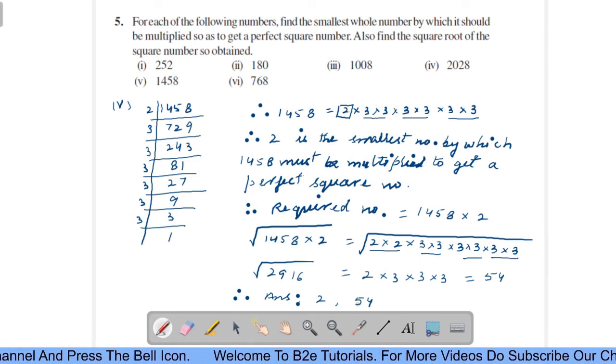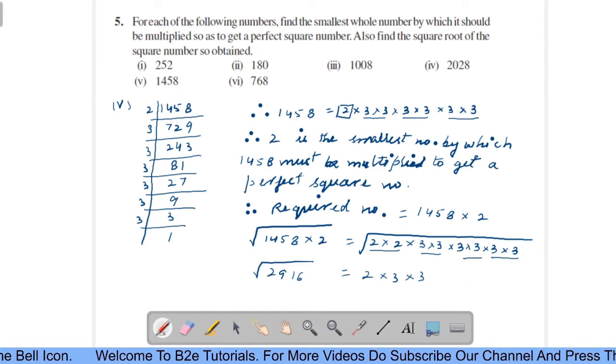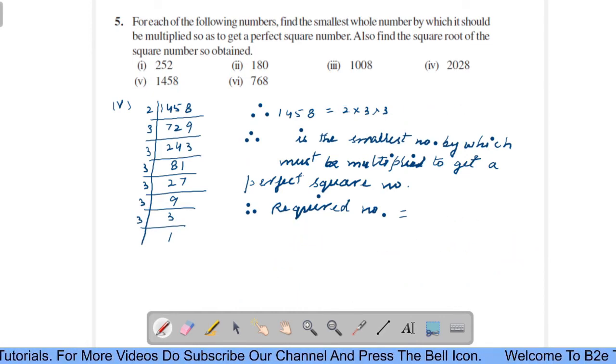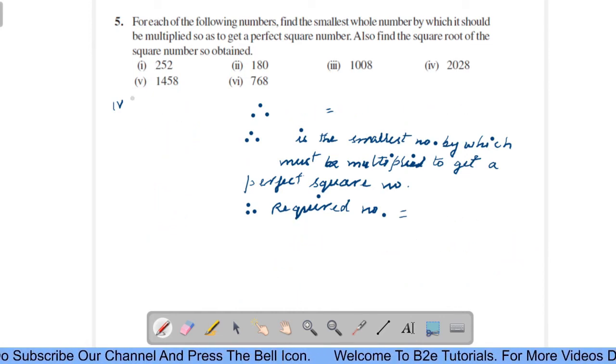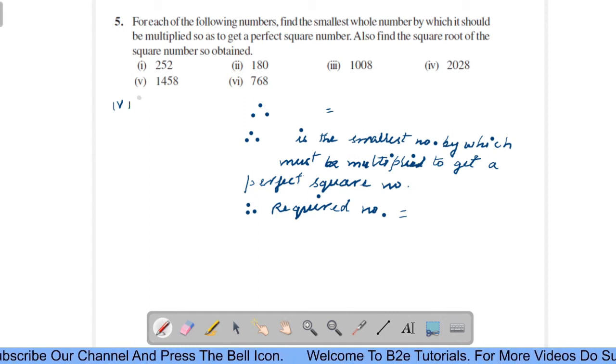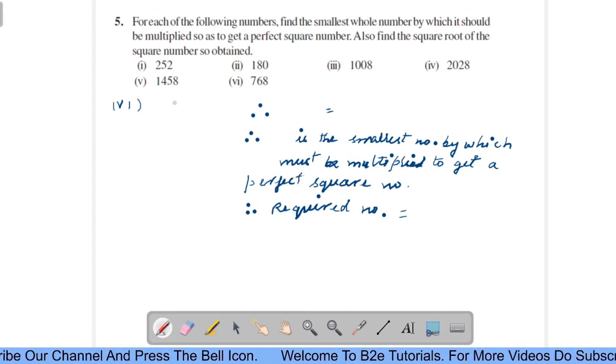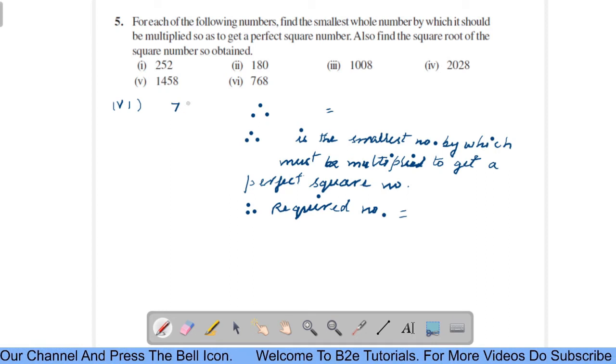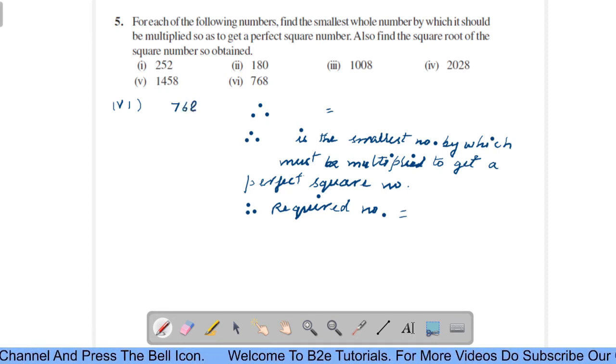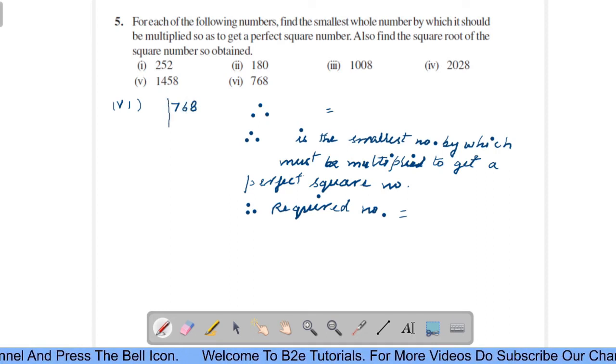Now come to next. Now come to sixth part. It is 768. Now find out prime factors of this number.